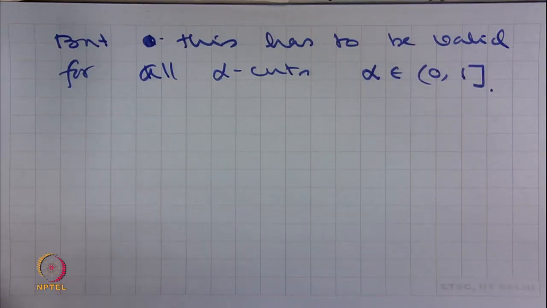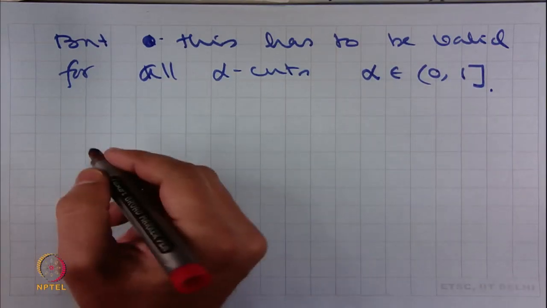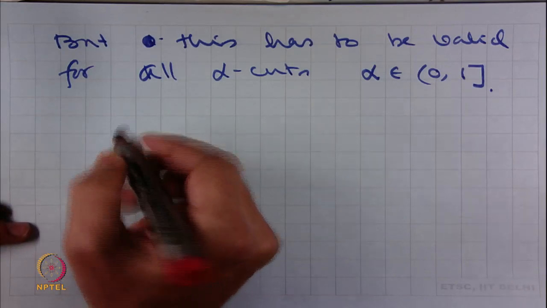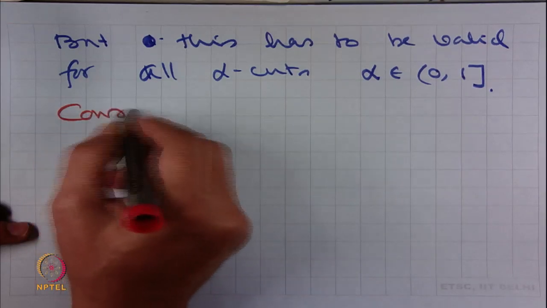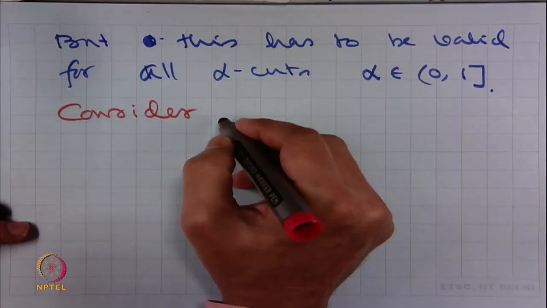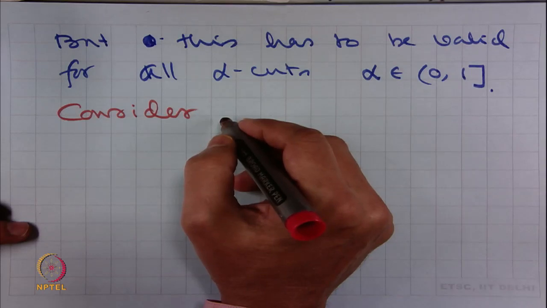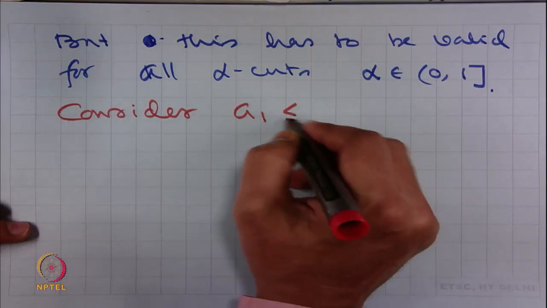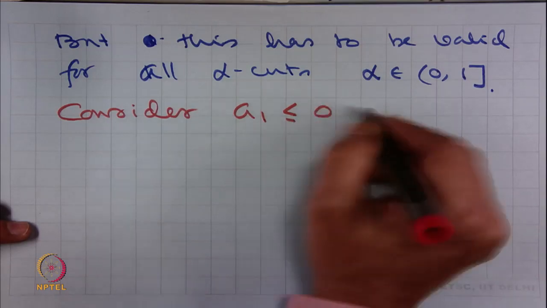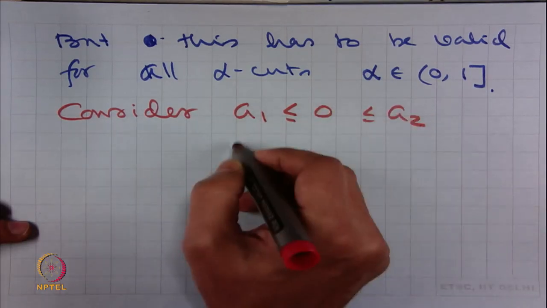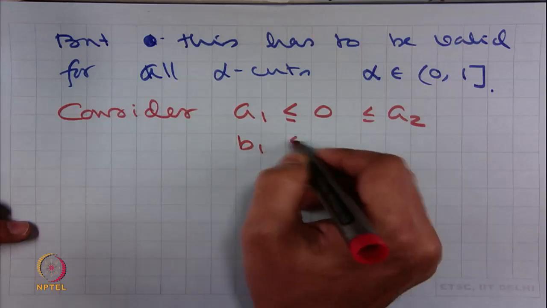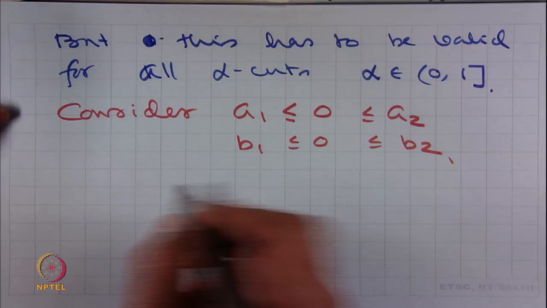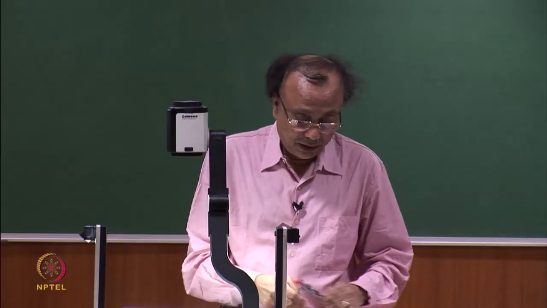So, how to find it for all alpha cuts? I give you a trick. Consider a situation when A1 less than or equal to 0 less than or equal to A2 and B1 less than or equal to 0 and less than or equal to B2. We draw the following diagram.